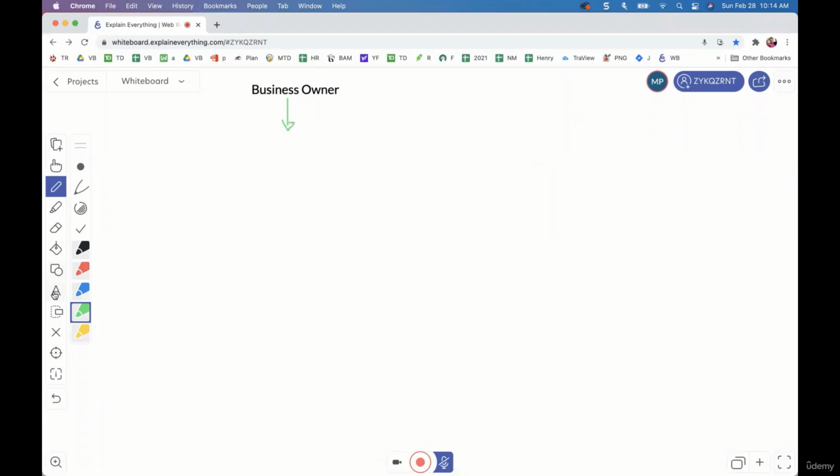So the very first thing that the business owner would do when they come up with an idea of an IT project is they are going to assign a project manager to take care of the IT project.